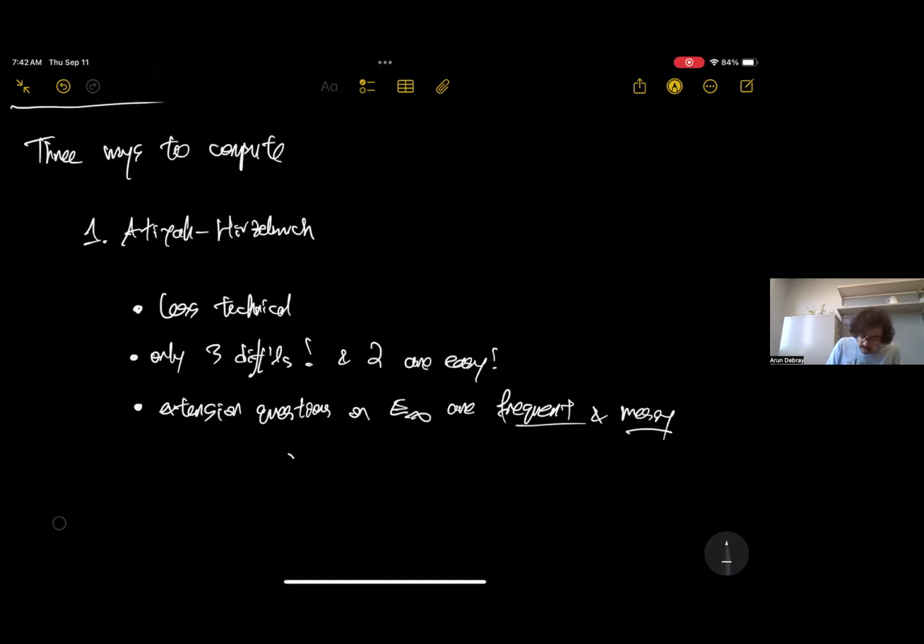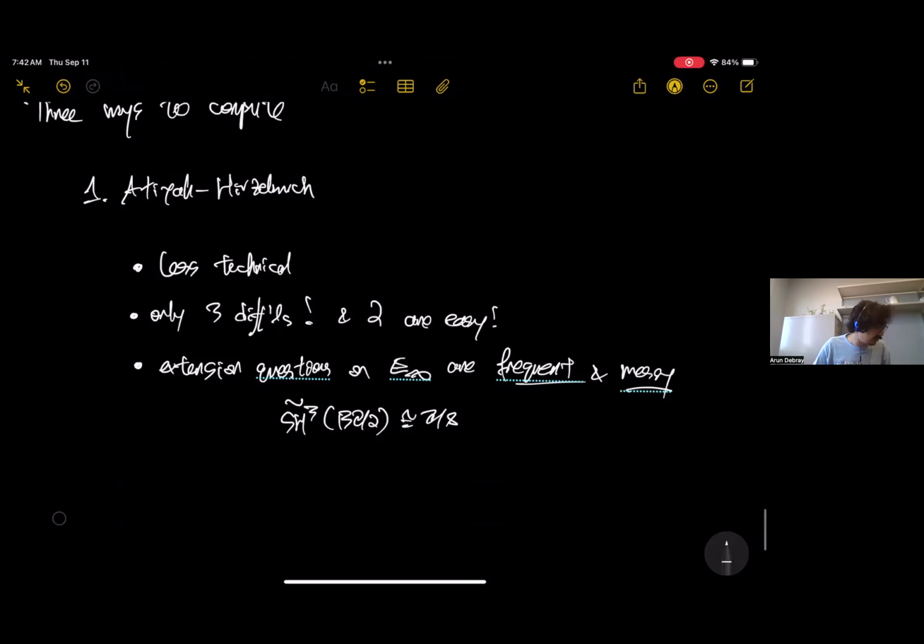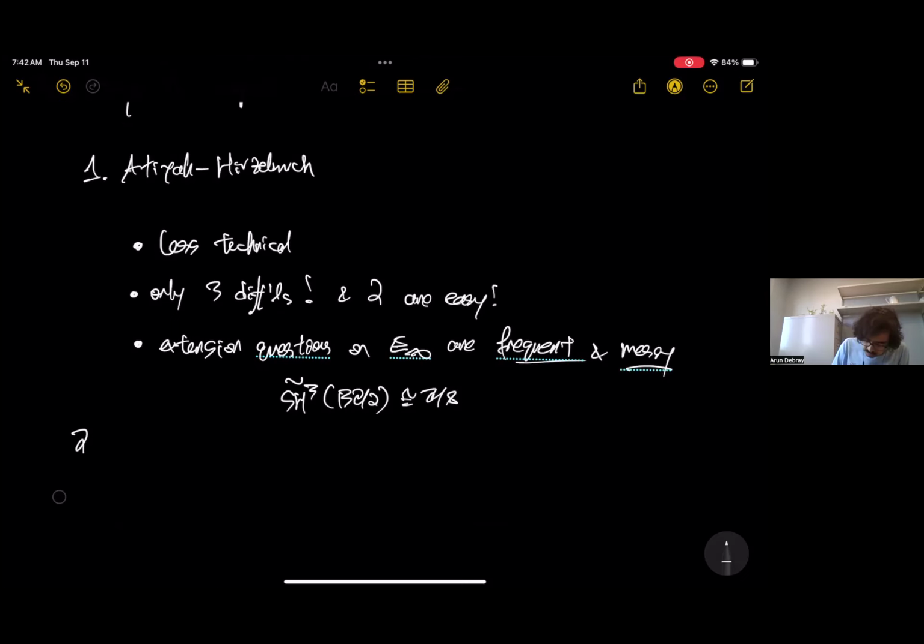So as an example, SH3 of BZ2, let's say reduced just to make it easier, and untwisted. This has a difficult extension question already, although it's going to be isomorphic to Z mod 8. And so that's reported as 3 Z2s that are difficult to piece together.